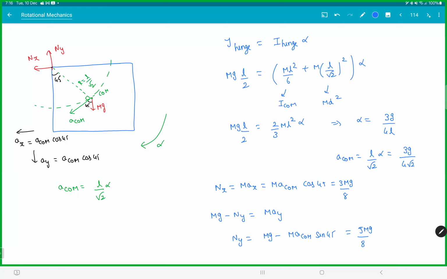I think I'm right. Check. That's your answer. See where you goofed up. Maybe you messed up the I value, or maybe you messed up the a com value, radius of the circle. Somewhere you have to be careful about each and everything. Anything that you're not clear here, please ask.